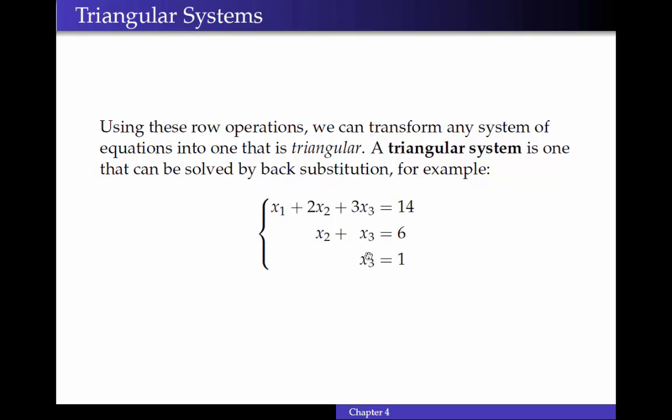And so a triangular system is one that can be solved by back substitution. Take this one here, for example, which is 3 equations and 3 unknowns. When we are done with it, we hope that it's going to look like this, where we have one of our unknowns completely solved for, and then we can do this process of back substitution to solve for the other variables one by one.